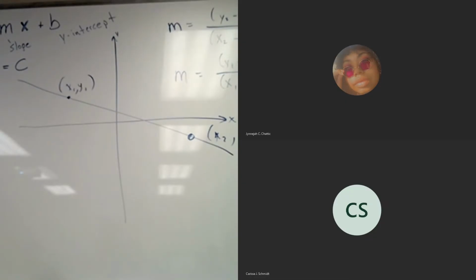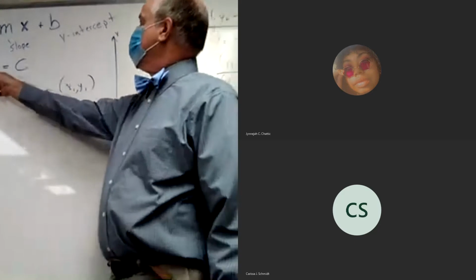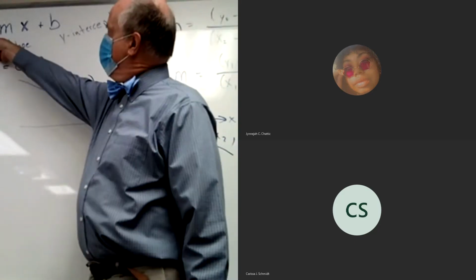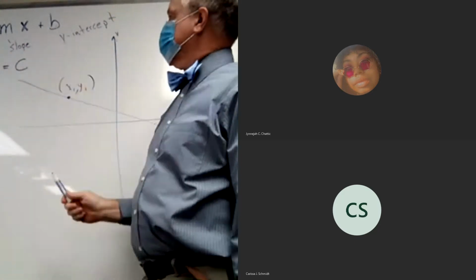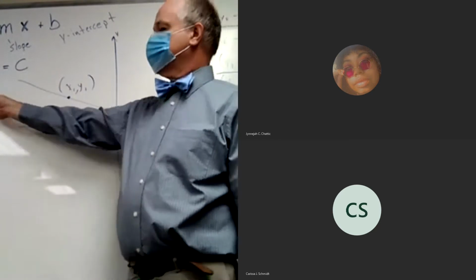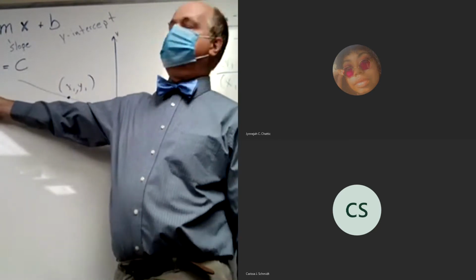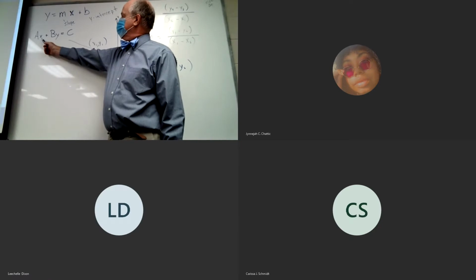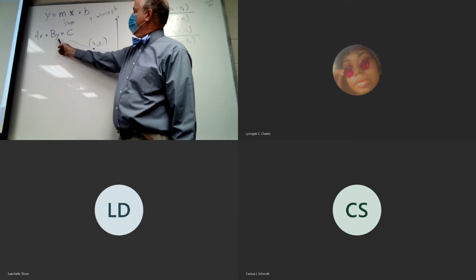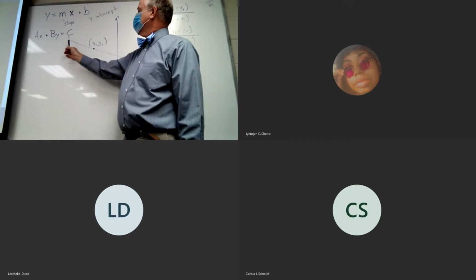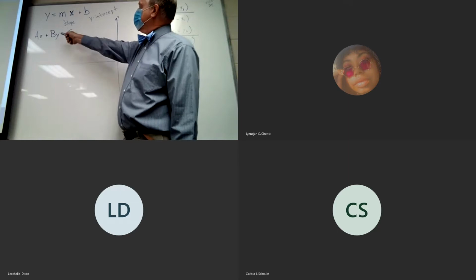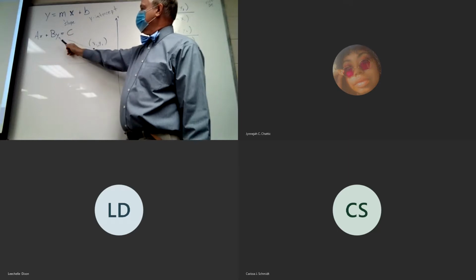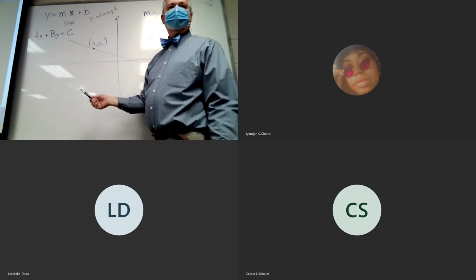Here is y in terms of x. Here is a combination of, if I have a times x plus b times y, I'll get c. That is another linear equation, just in a different format.